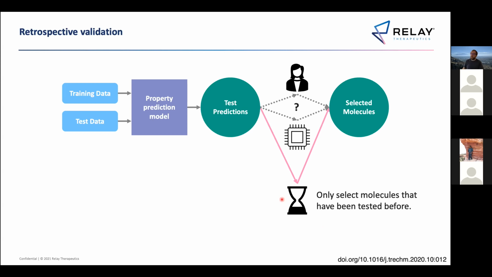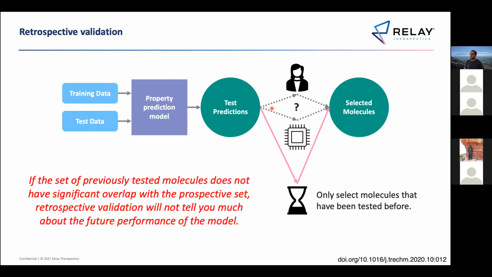And the big caveat here is that you don't necessarily understand why these molecules were chosen or what process chose them. If these compounds were selected by chemists or by some automated procedure that you don't understand or appreciate, the set of molecules that you might want to test prospectively could be very different than the set of molecules that you have available to you in a retrospective setting.